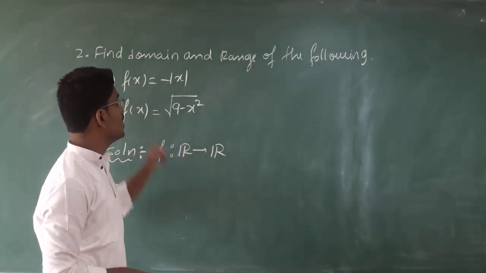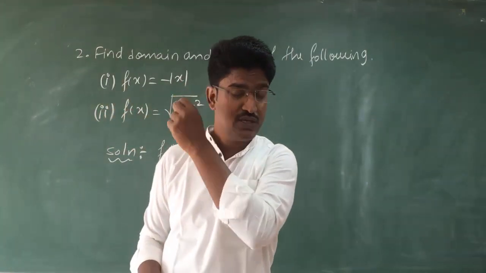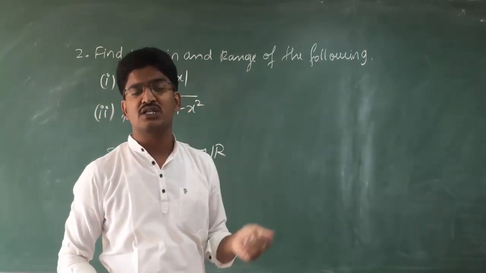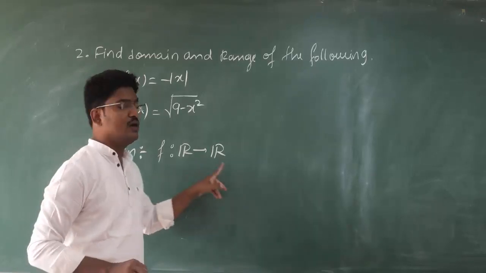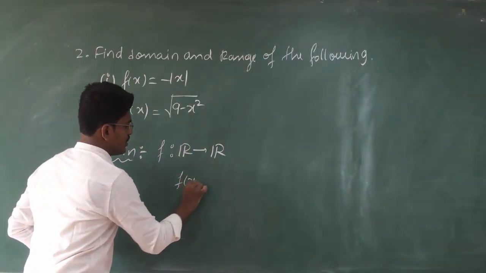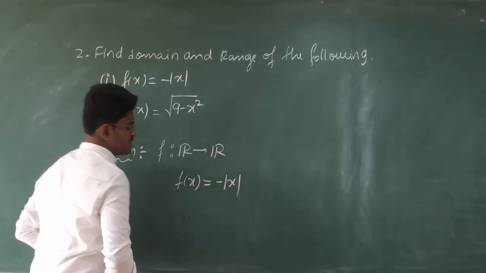Clear? Because these two values are real valued functions. In our relations and functions, we deal only with real valued functions, as we all discussed before. So that's why I will take f from R to R. Here f is defined as what? f of x equal to minus of mod x.